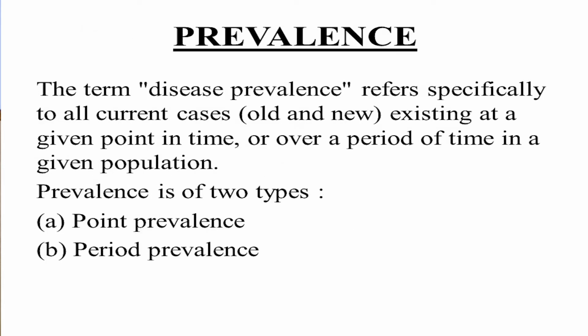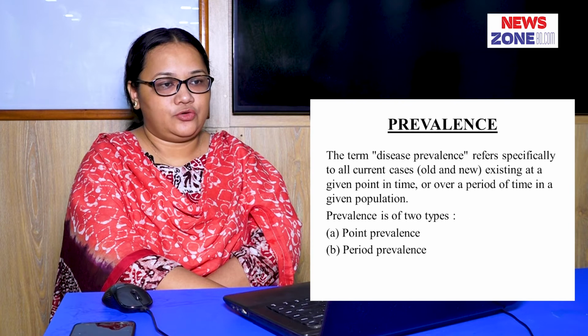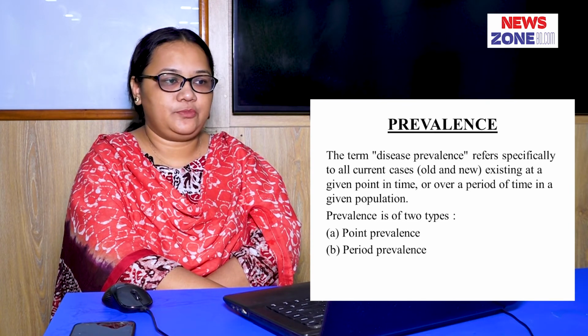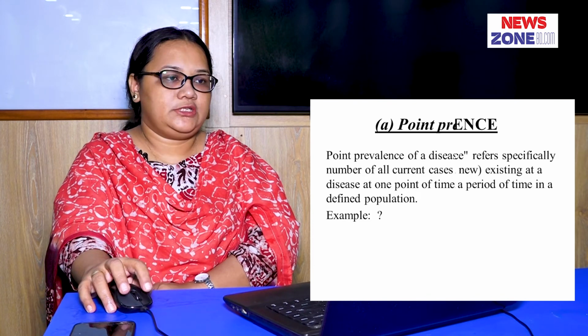Now we see what we mean by prevalence. The term disease prevalence refers specifically to all current cases. All current cases means old cases and new cases existing at a given point in time or over a period of time in a given population. Prevalence is of two types: point prevalence and period prevalence. What is point prevalence?